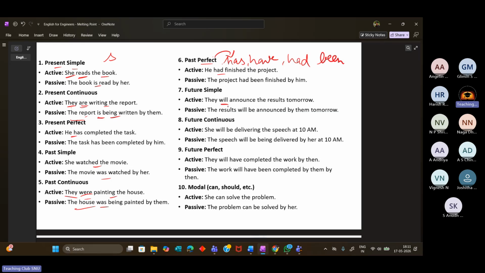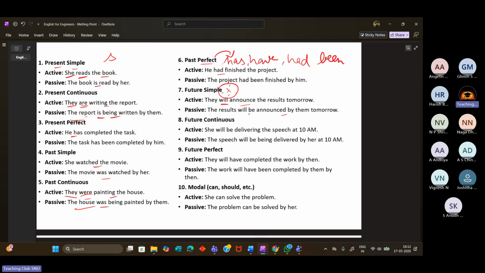So when you need to convert it to the passive voice, you should be very careful that we need to add be and convert the actual verb into a past participle. In this case, they will announce the results tomorrow changes to the results will be announced by them tomorrow. So we need to be careful about this. Okay, so this is what happens in future simple. Don't get confused.